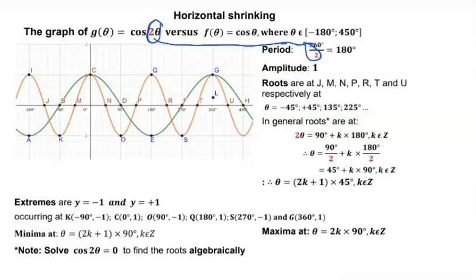So the amplitude is the same, but the period is half the size because we multiply the theta with 2 and not the cos with 2. So please look through these exercises or the summary and make sure that you understand where each and every formula comes from, and also that you know how to solve cos of 2 theta algebraically.